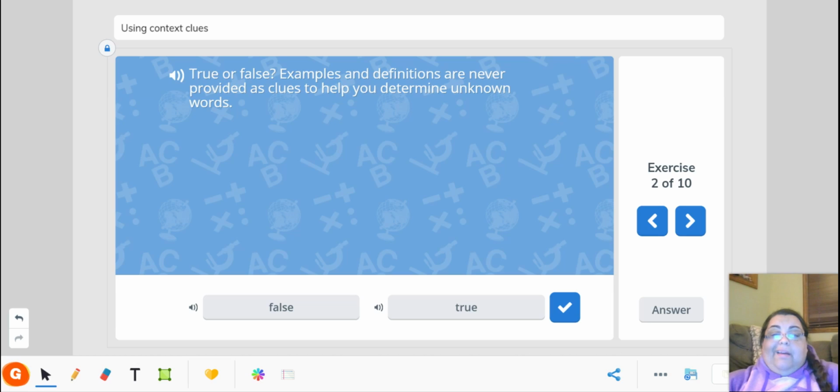All right, I'm going to say that that is false because I know sometimes there are definitions that help us. Let's see if I'm correct.